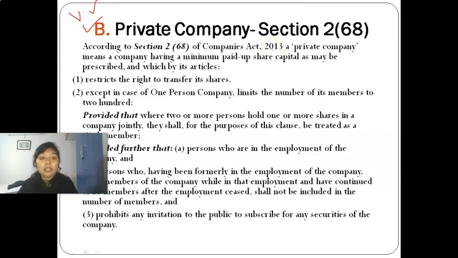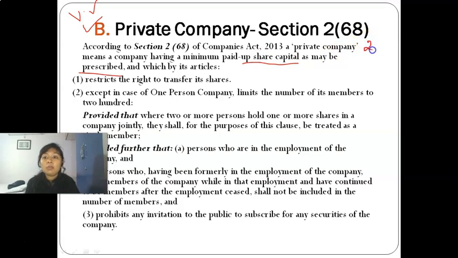It means a company which has minimum paid up share capital as may be prescribed. Now it's not yet prescribed. Earlier it was 1 lakh, but now this limitation has been removed. So with 2 rupees also, you can incorporate a company. Why am I saying 2 rupees?